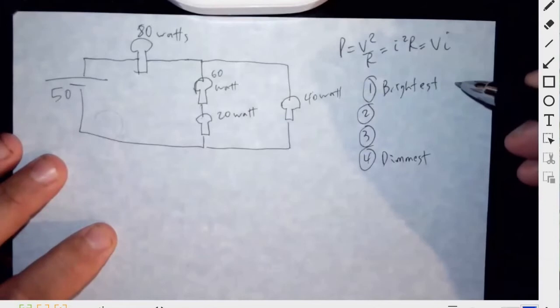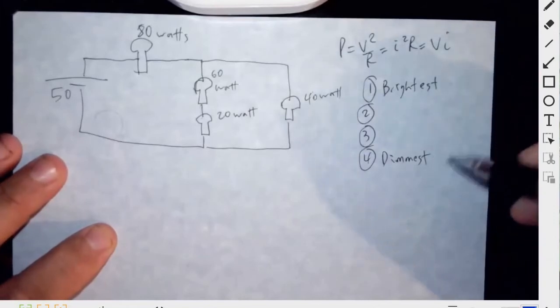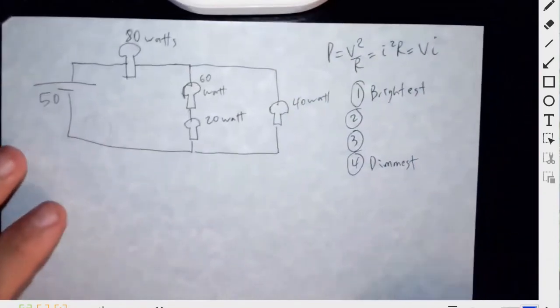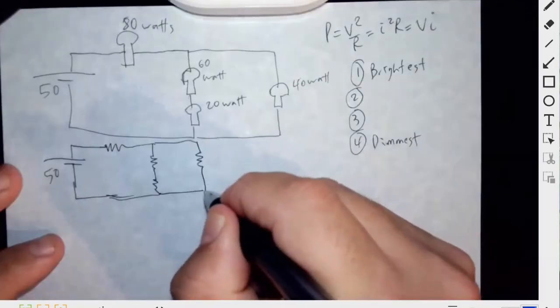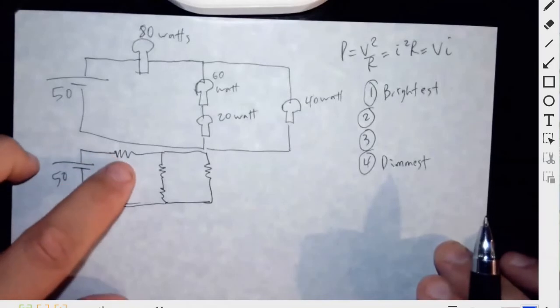Which rated light bulb goes in here? In other words, put your rating down on the chat board. Number one is which one? Number two, let's see who agrees. What was the resistance of the 80?